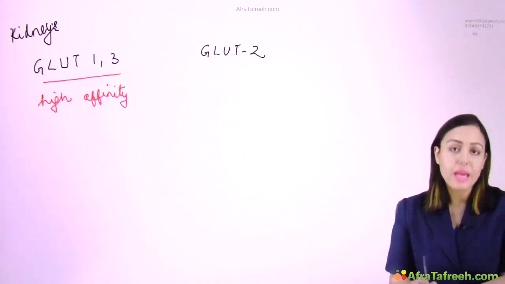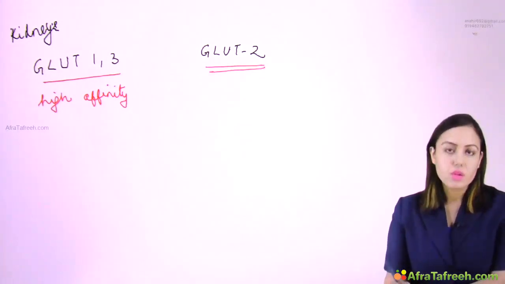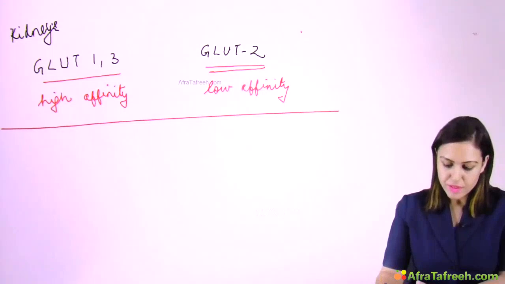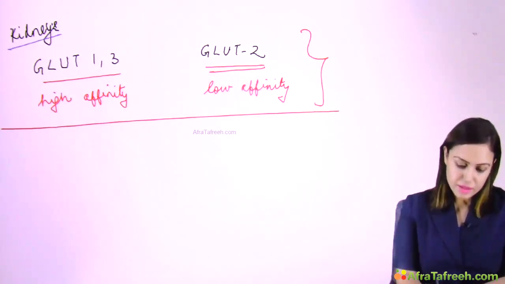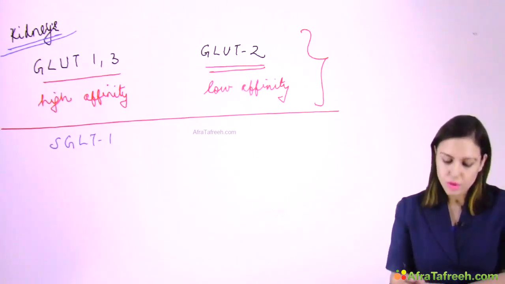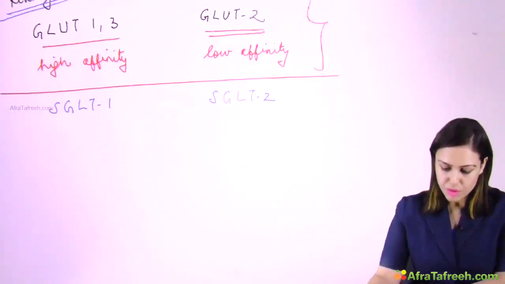They have high affinity for glucose. And GLUT2 is a low affinity transporter, right? So this is the facilitative transport present in kidneys. And in kidneys, SGLT, the active transport, SGLT1 and SGLT2 both are present, right?